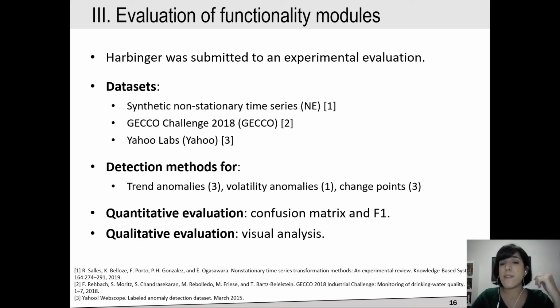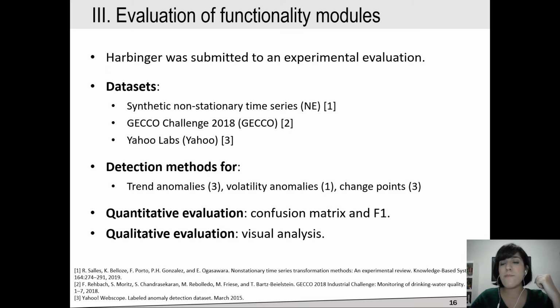Namely, we have the dataset created for the Gecko Challenge of 2018 with variables of water quality, and the dataset provided by Yahoo Labs with variables of traffic in the Yahoo services. Both these two datasets contain previously identified events.